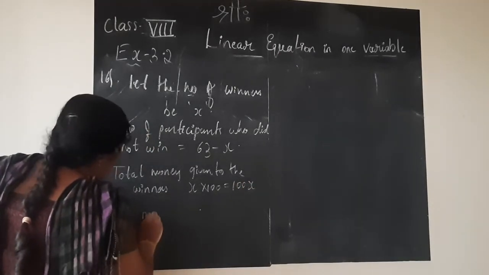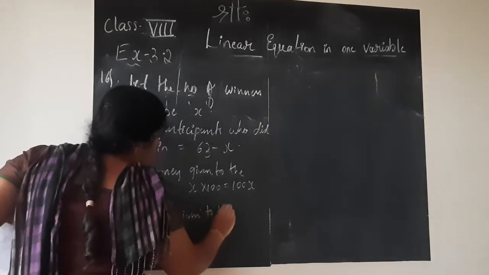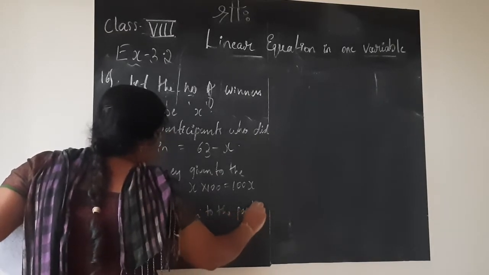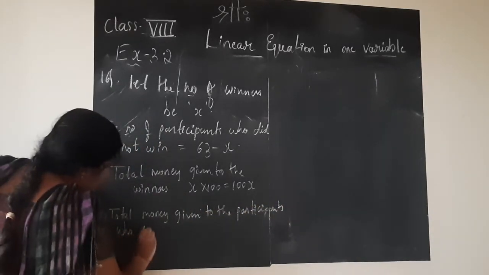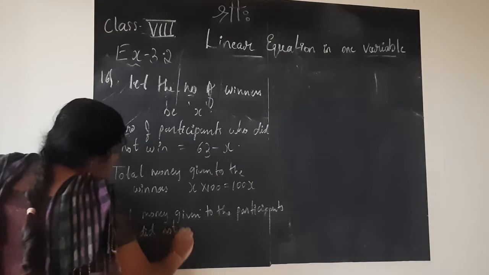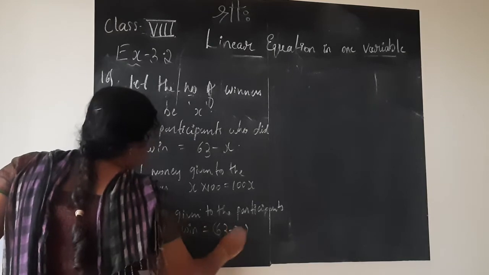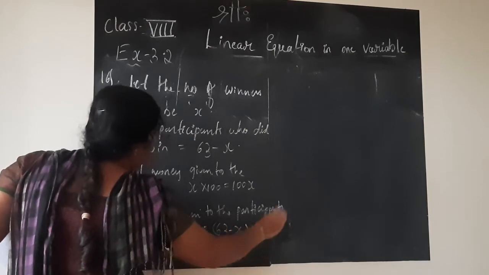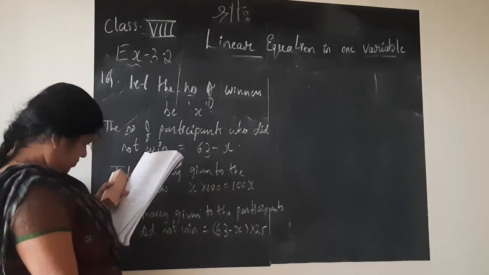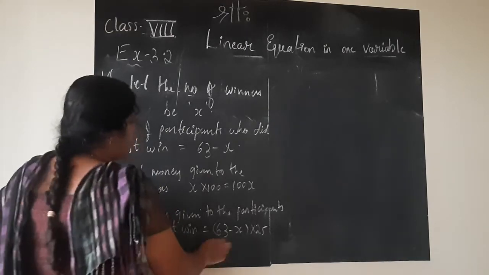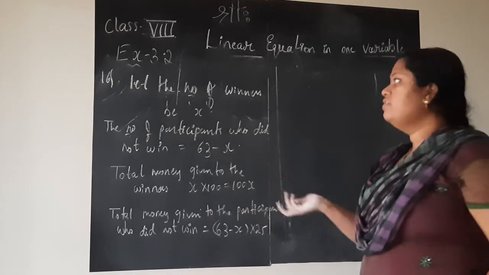Then total money given to the participants who did not win is, the number of participants who did not win, 63 minus x, into 25. Correct. So 25 into 63 minus x is the total amount of money given to the participants.